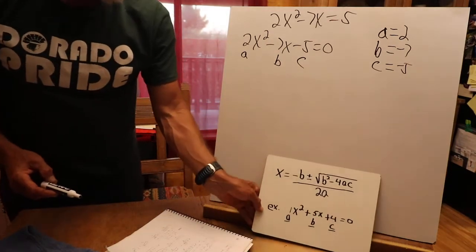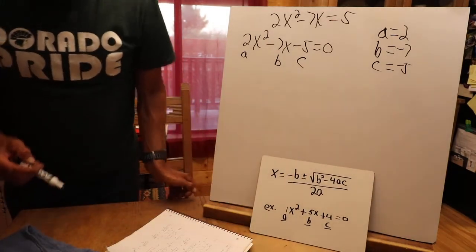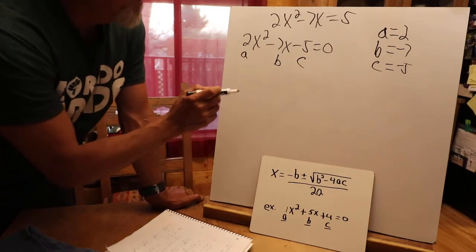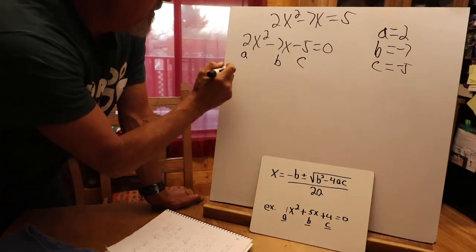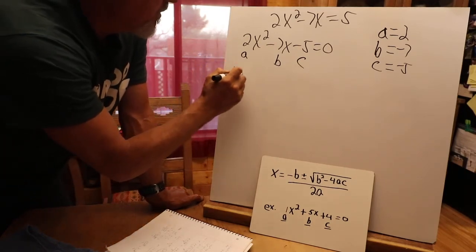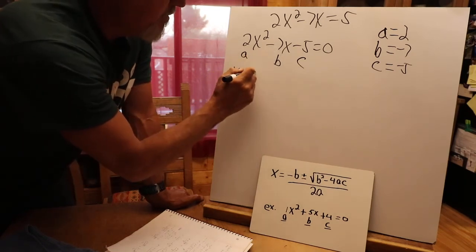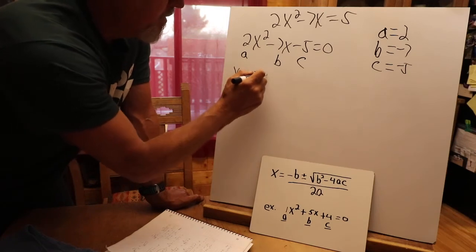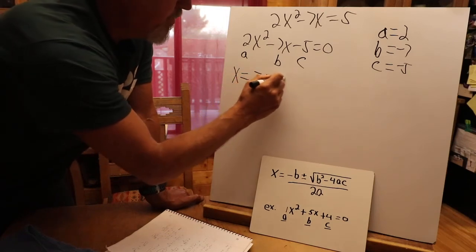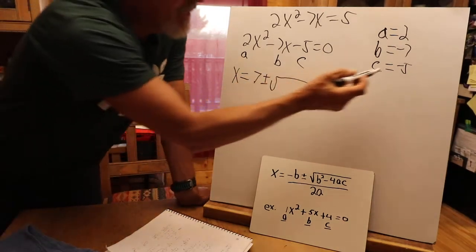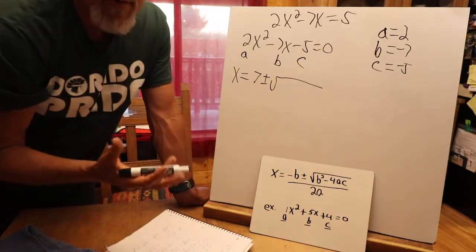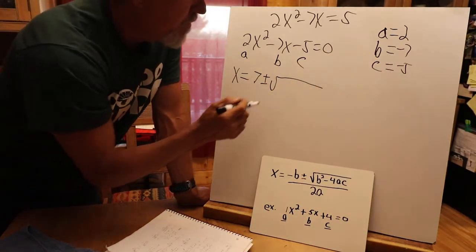I'm going to start plugging the numbers in. So my formula is x equals negative b, so it's going to be positive 7 because a minus and a minus, plus minus, square root, b squared, so I'm going to take that negative 7 and I'm going to square it. Remember, b squared is always going to be positive.